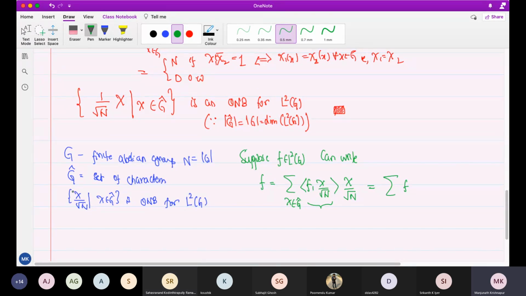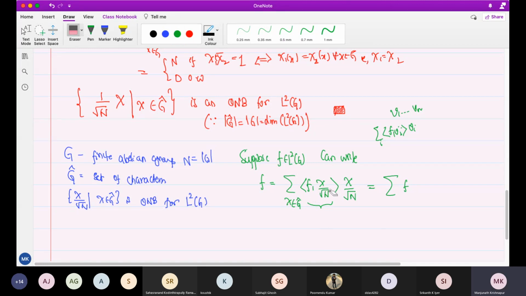They are orthogonal, but they don't form an orthonormal basis. So chi over square root n is the orthonormal basis. When v1, v2, ..., vn is a basis in some vector space, to write f as the sum of f inner product vi times vi, this is the expansion only if that is an orthonormal basis, not in general.